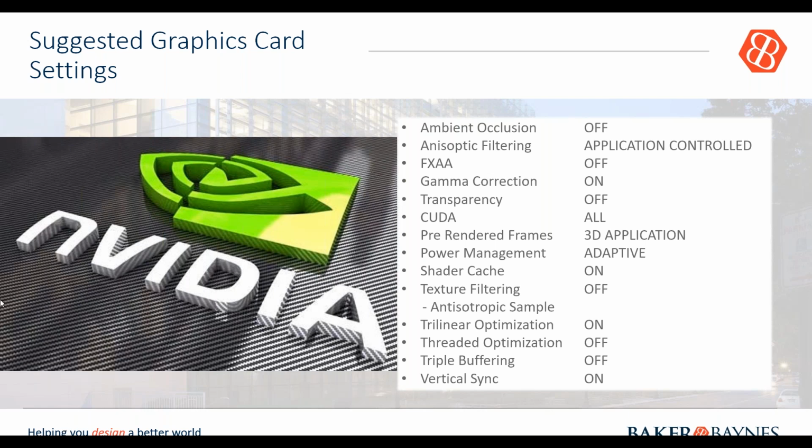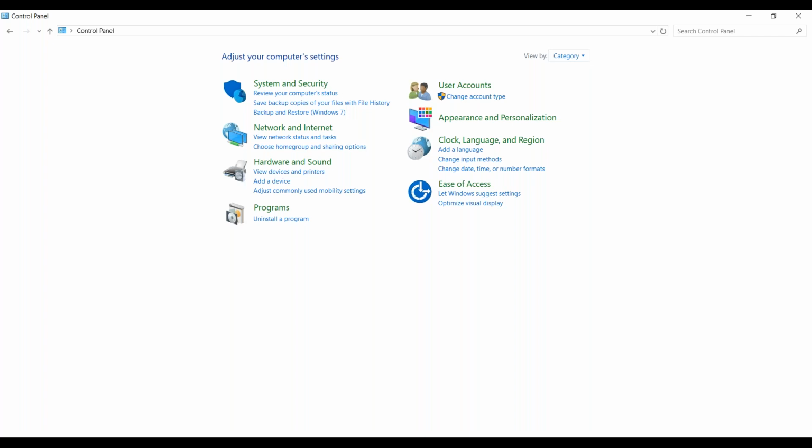Right, let me just switch the screen quickly. Another thing that we could talk about is your power plan on your PC. Something that's easily overlooked is your power plan, and whether your PC is getting the most amount of power during the render.